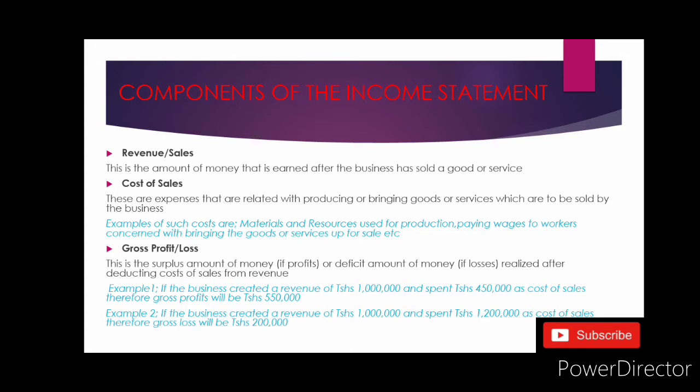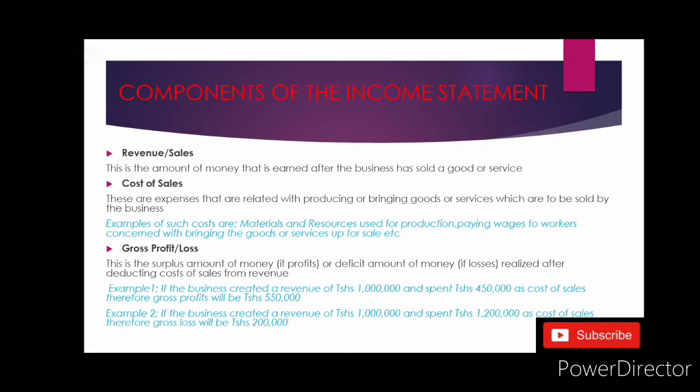Component number three, gross profit or loss. This is a surplus amount of money, that is if it's profits, or a deficit amount of money, that is if losses, realized after deducting the cost of sales from revenue. Basically, once you take revenue minus cost of sales, you get gross profit or loss.